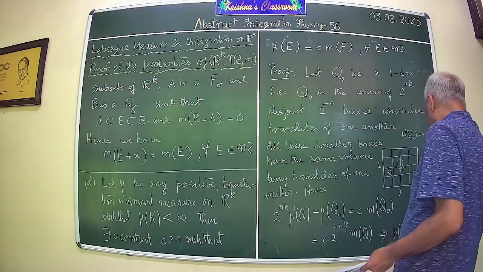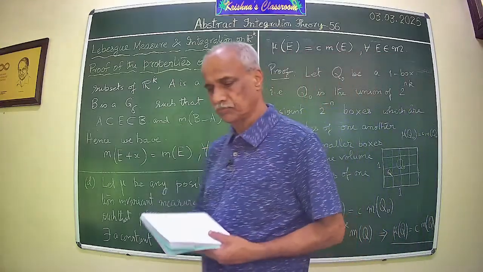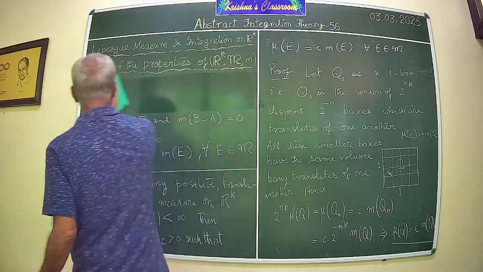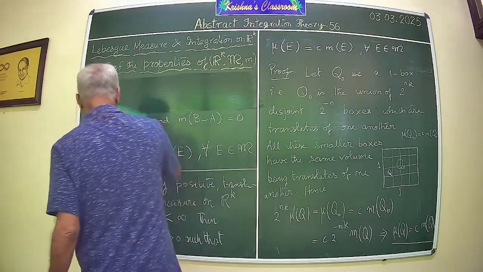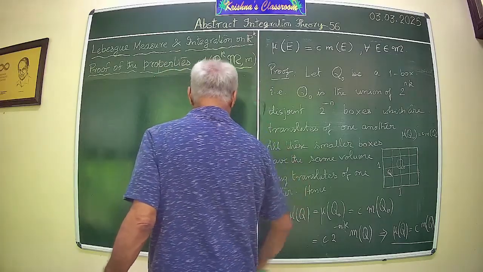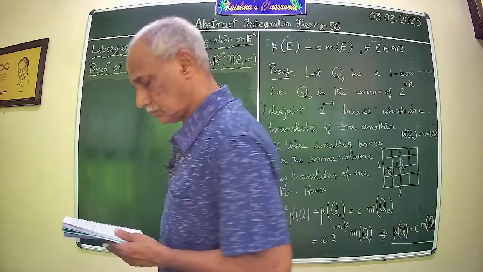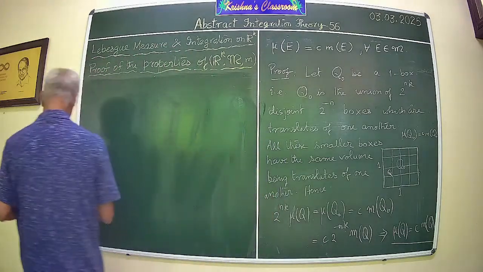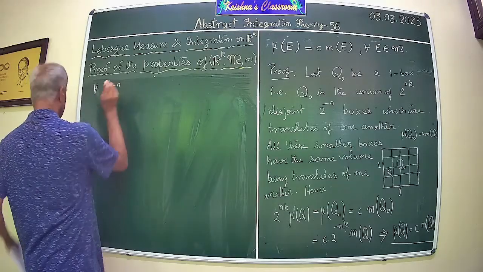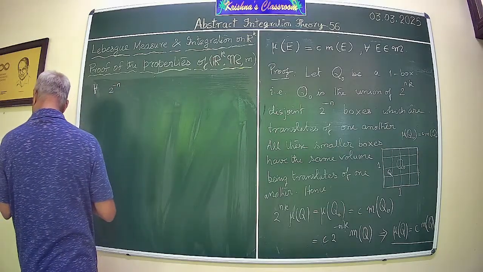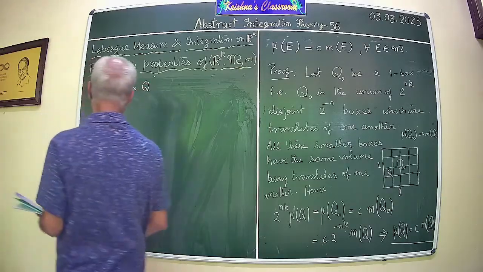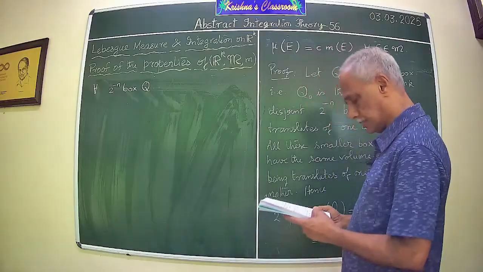Mu of Q equal to C times m of Q. This is true for every one of the 2 to the power minus n boxes. So this property is satisfied.